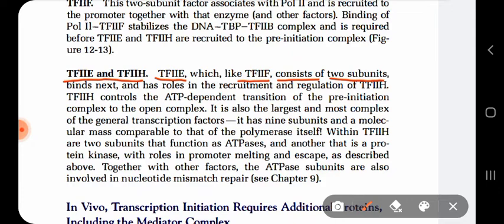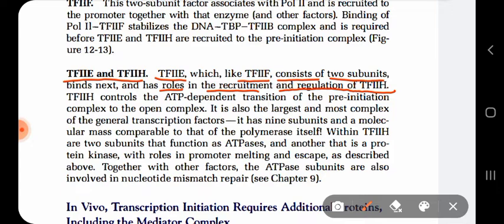It also has two subunits, and it has an important role in recruitment of TF2H and also regulation of binding of TF2H. So TF2E has only one role, that is it allows the attachment of TF2H to the DNA, and it also regulates the binding. That means it will decide when TF2H will bind.